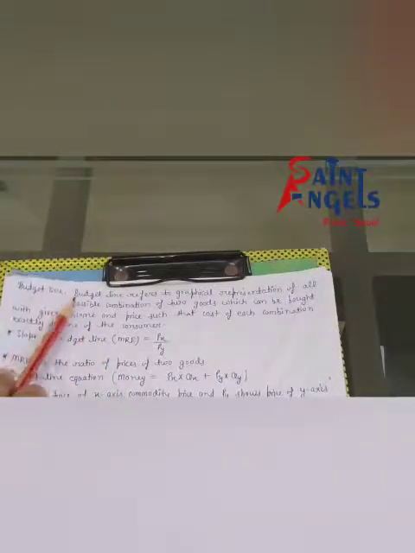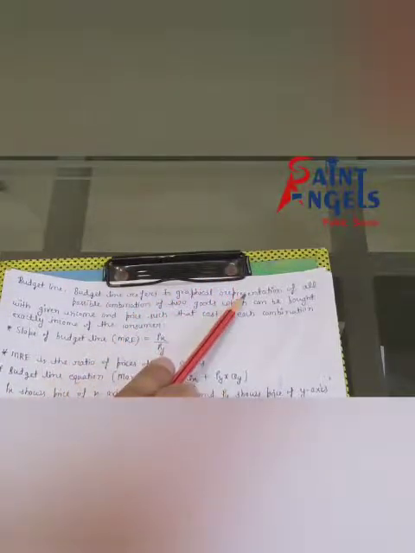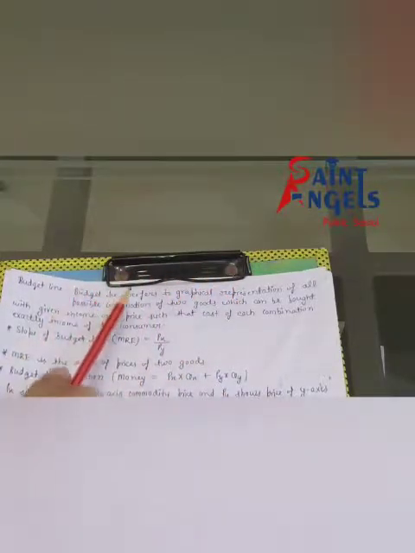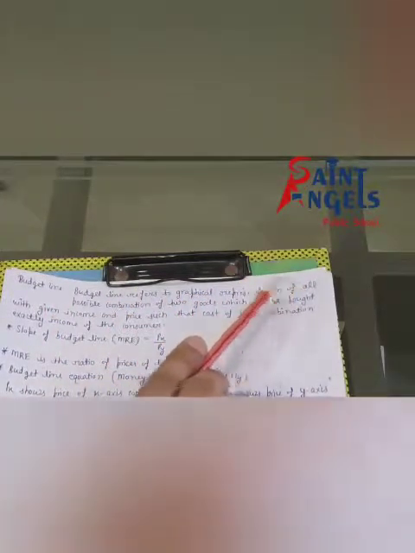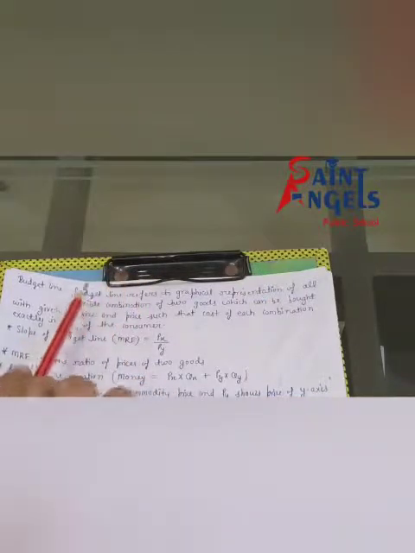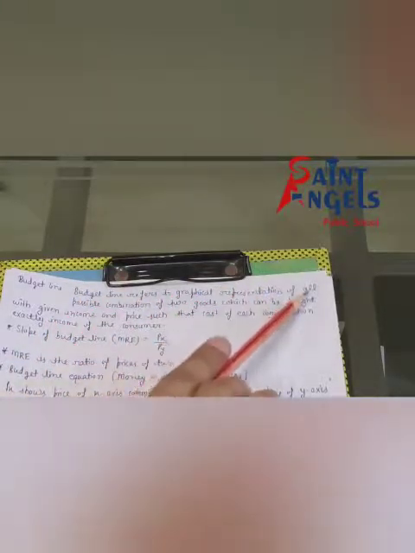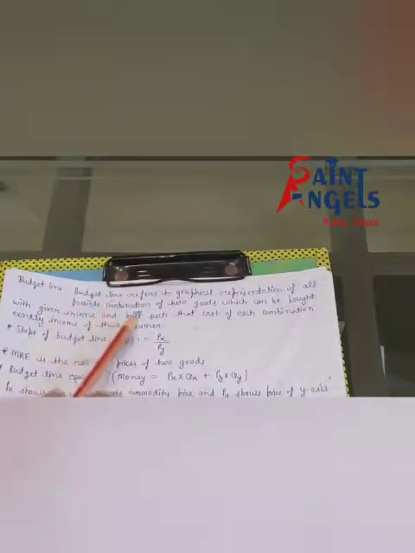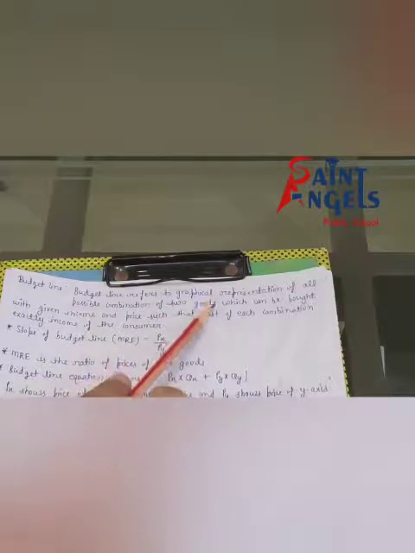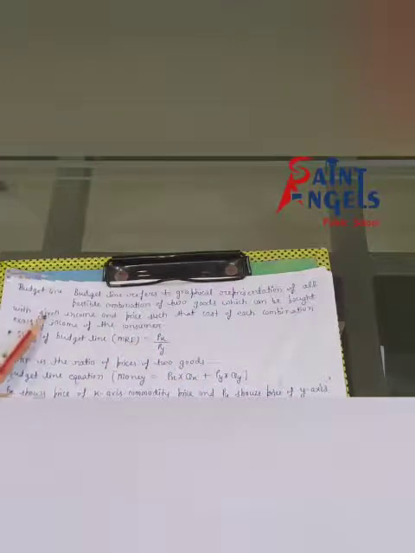See, budget line. Budget line refers to the graphical representation of all possible, means various, different combinations of two goods which can be bought with a given income.